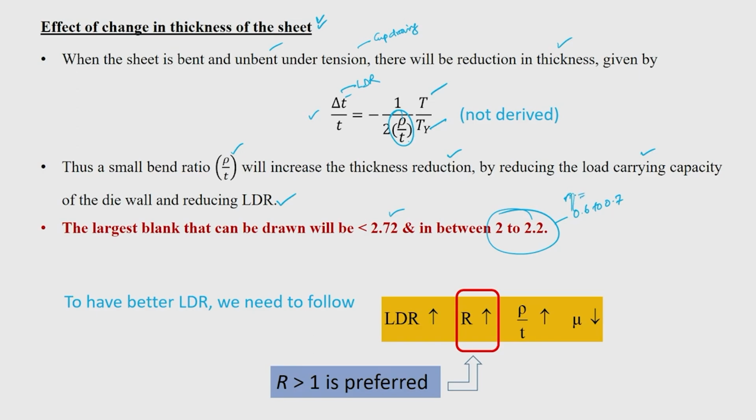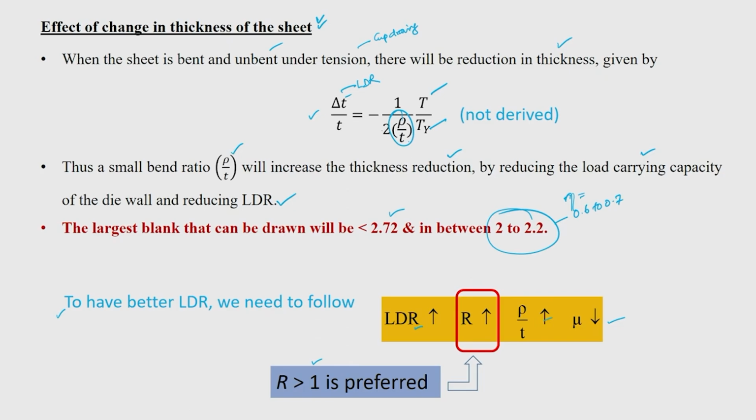Okay, just to summarize, to have a better LDR we need to follow these thumb rules. If you want an improvement in LDR, then r greater than 1 is preferred, which means the anisotropy of the sheet exists and you have to consider that anisotropy. If we have r greater than 1, then LDR would be better. And rho by T has to be larger.